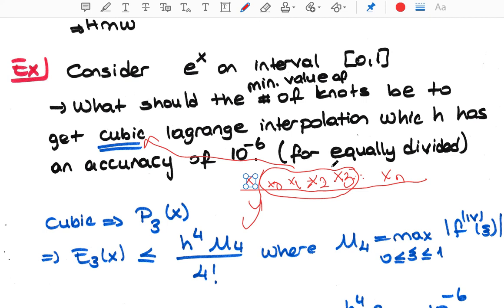So, let us discuss here. Cubic Lagrange interpolation means that your polynomial has degree 3. And we know that for this type of question, you are considering how many nodes do we have here? It is not specified whether the interval is equally divided or not.